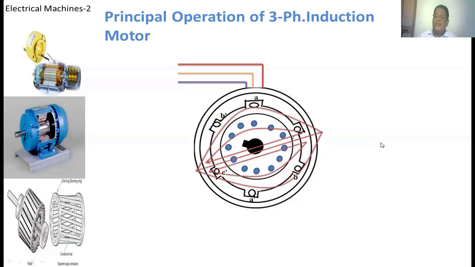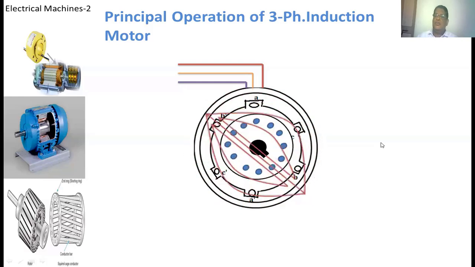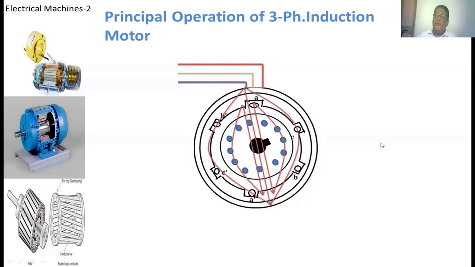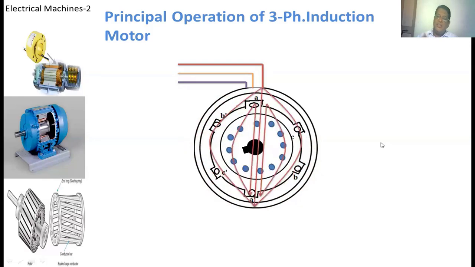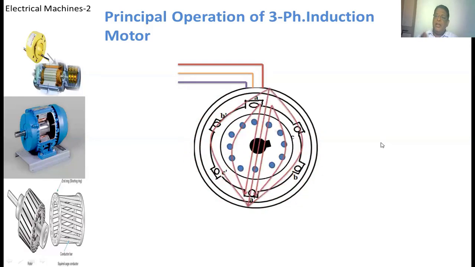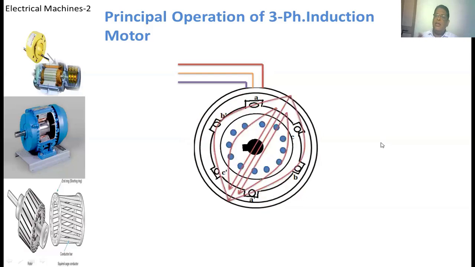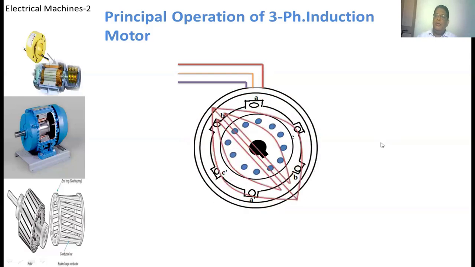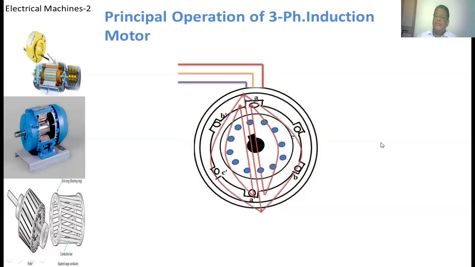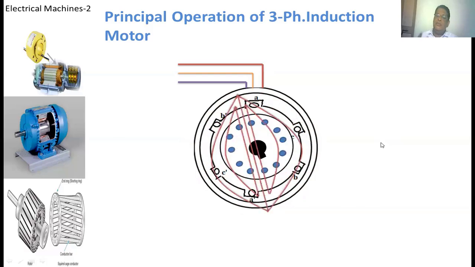The rotor is trying to catch the synchronous speed, but it never catches it. Because suppose the rotor catches the synchronous speed, the relative speed between the flux and the rotor conductors will be zero. The voltage induced in the rotor conductors will be zero. The current also will be zero.